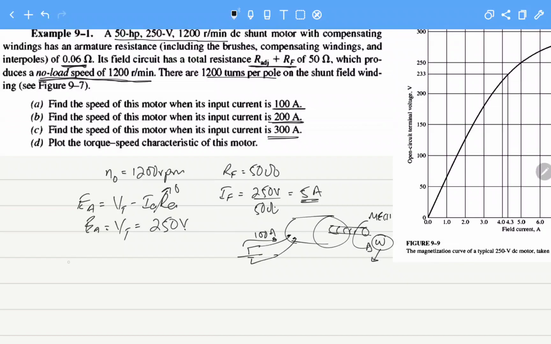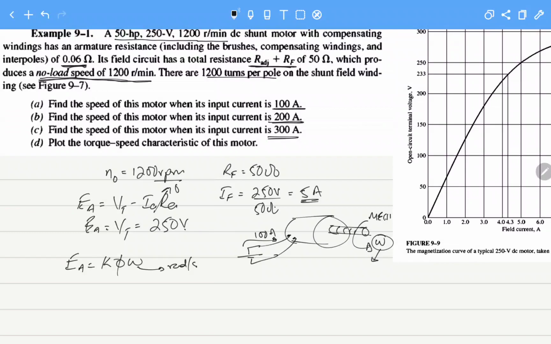Now for the motor, we know that we have the fundamental equation, K phi omega. Now there are two options here. The method will be similar, but either we use this formula in which omega is in radians per second, so the speeds that we have in RPM we have to convert to omega, solve, and then revert back.